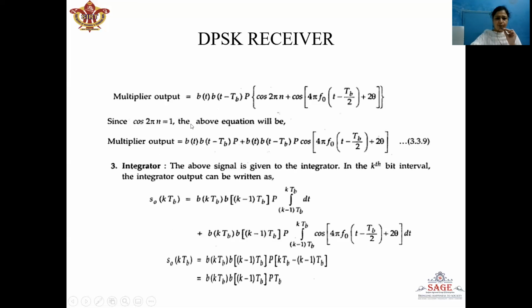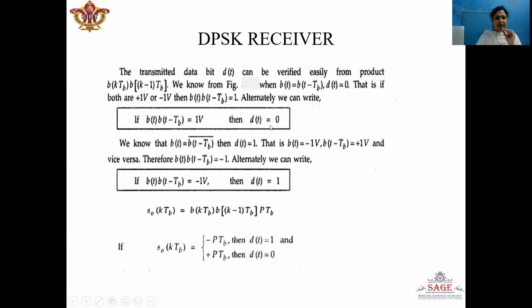So the output S0(kTb) will be positive when d(t) is equal to 0, because in this case both consecutive bits have the same sign. So d(t) equal to 0 means that the output is a positive value.